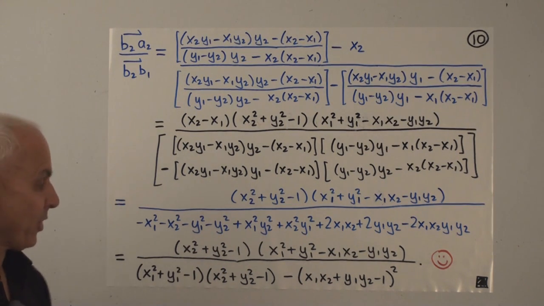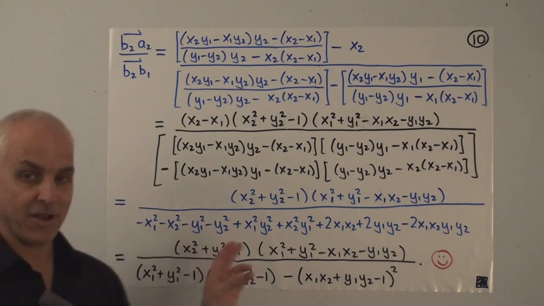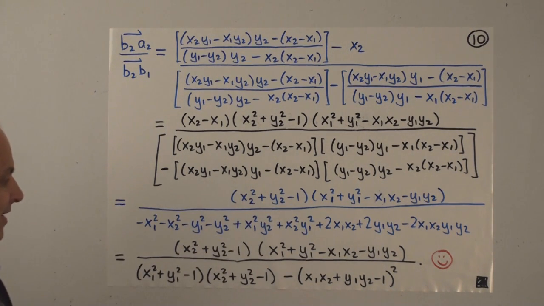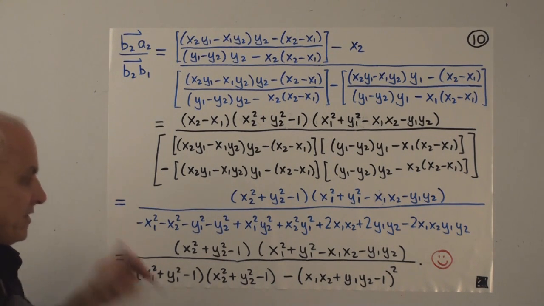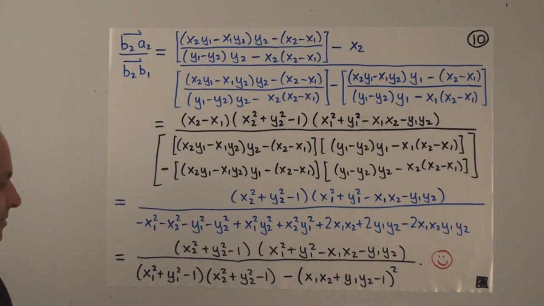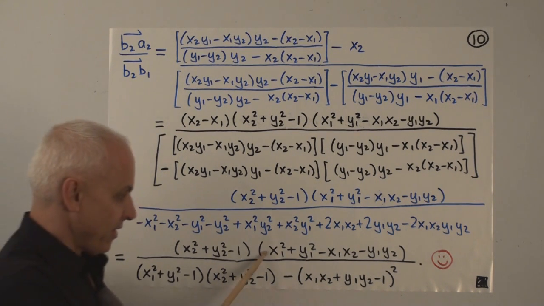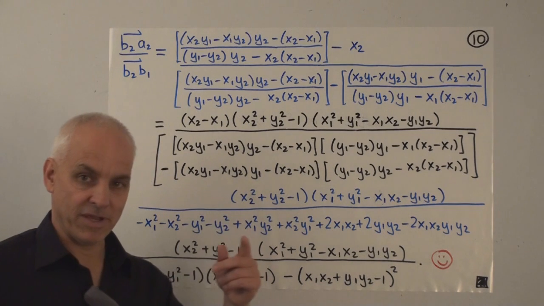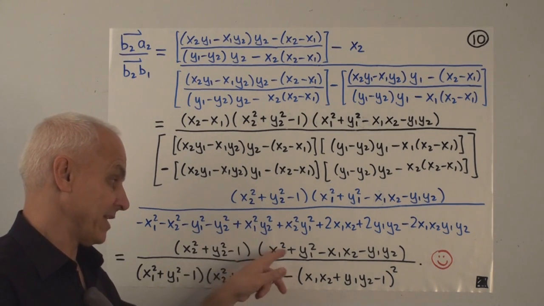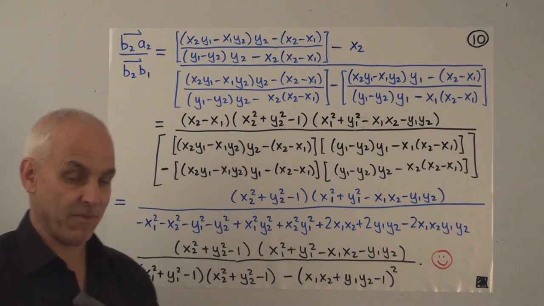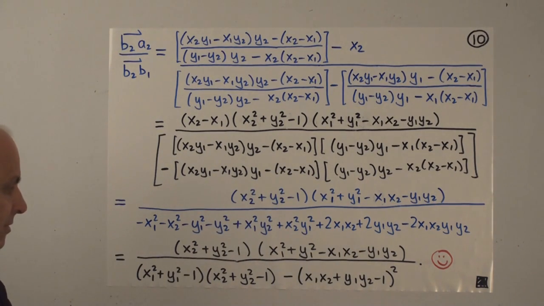So what happens now when we take the numerator that we calculated on the previous page and multiply by the reciprocal of this denominator here? Well, some cancellation takes place. This term here appeared in the previous numerator. When we multiply by the reciprocal of this, it is exactly going to cancel with the one that we had before, so they're going to disappear.